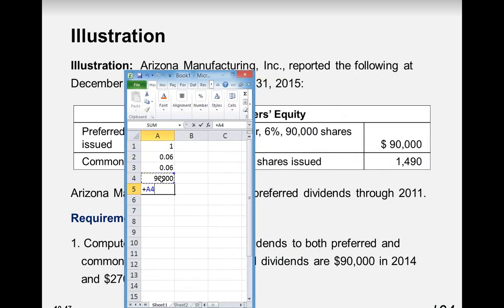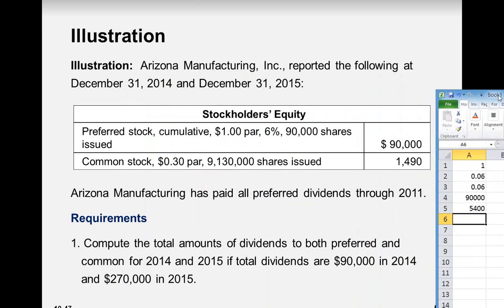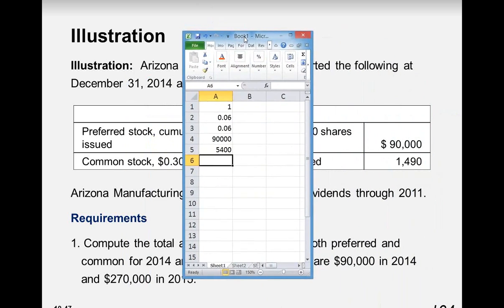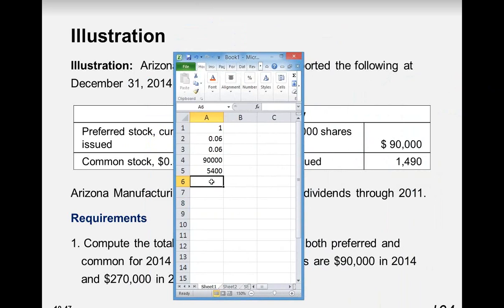So I'm going to take my 90 times my 6 cents per share. So for each year, that would be $5,400. So I need to go back and I need to pay it for 2012, 2013, and 2014. So that's 3 years.